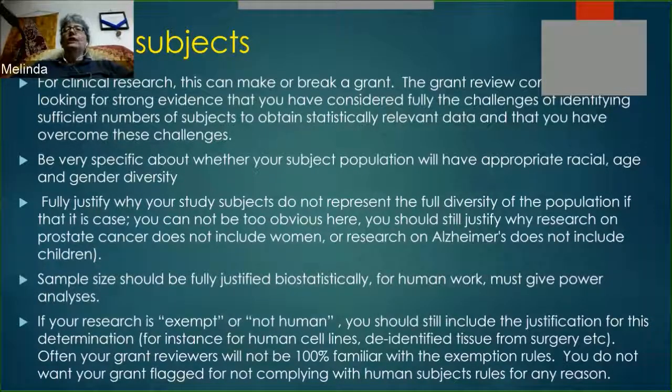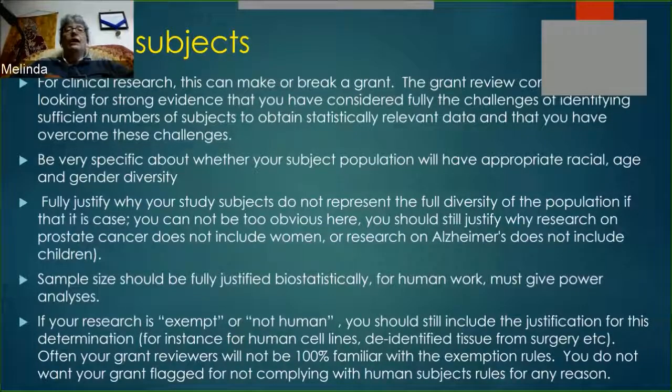They are really looking for strong evidence that you have considered fully the challenges of identifying sufficient numbers of subjects to get statistically relevant data, and that you've overcome these challenges. You have to be very, very specific about whether your subject population has the appropriate race, age, and gender diversity, and you have to fully justify why the subjects do not represent the full diversity of the population.